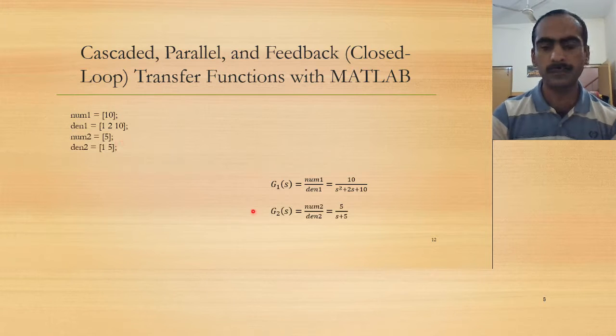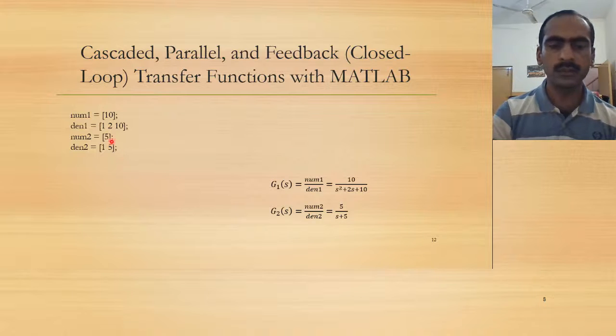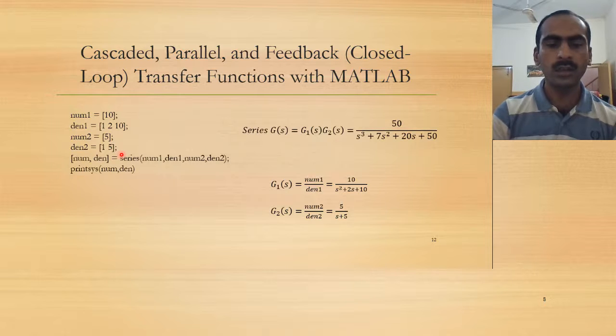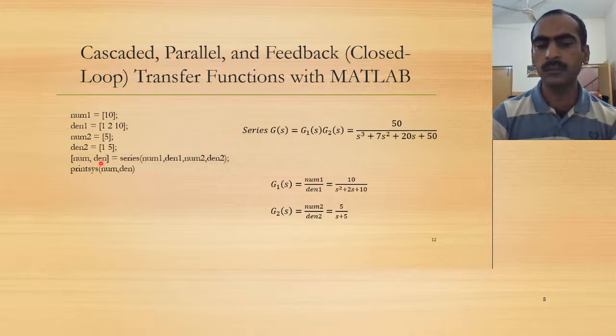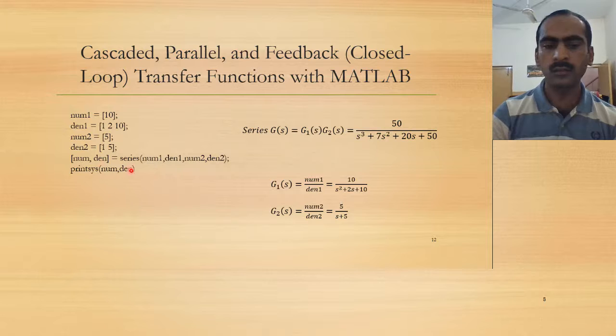Similarly, if I have a second block G2(s), 5 over s plus 5, the corresponding vectors are 5 and 1, 5. If I have connected them in series, then MATLAB gives us a function series, and it has 4 parameters, numerator and denominator for the two blocks, and the output is the numerator and denominator vectors for the series combination.